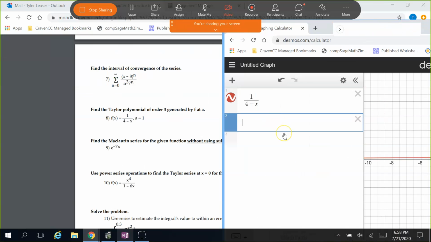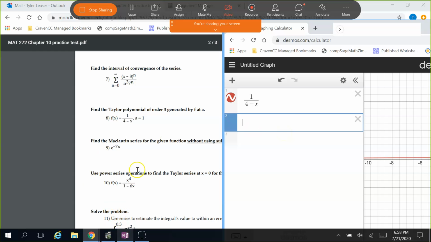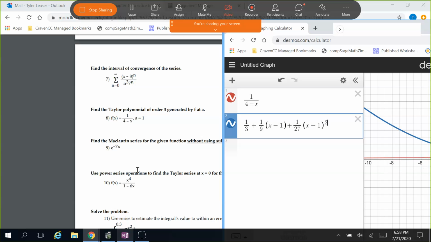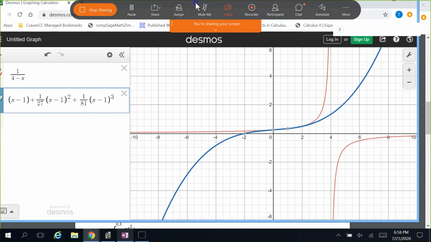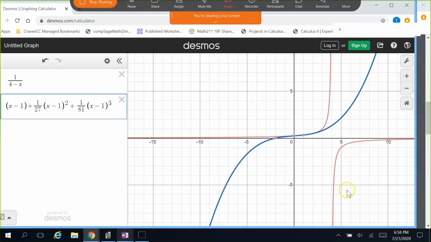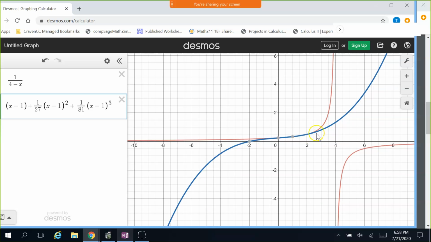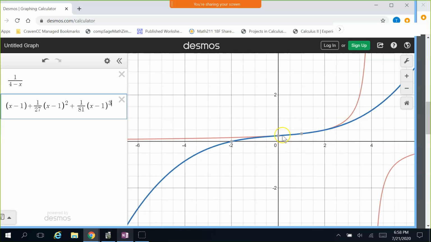I want to compare this to my Taylor polynomial I just had, which was 1/3 plus 1/9 times x minus 1 plus, what was it, 1 over 27 x minus 1 squared, and then plus 1 over 81 x minus 1 cubed. Cool. If we look at these two functions, notice how drastically different they are, except right around here.